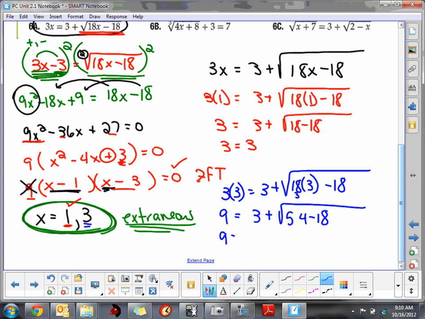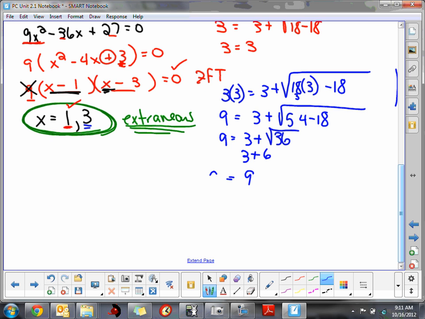Now I got to take 54 minus 18, so 54 minus 20 would be 34, come back up 2 is 36. Take the square root of 36. That is 6, and 6 plus 3 is 9. So 9 equals 9, you bet.